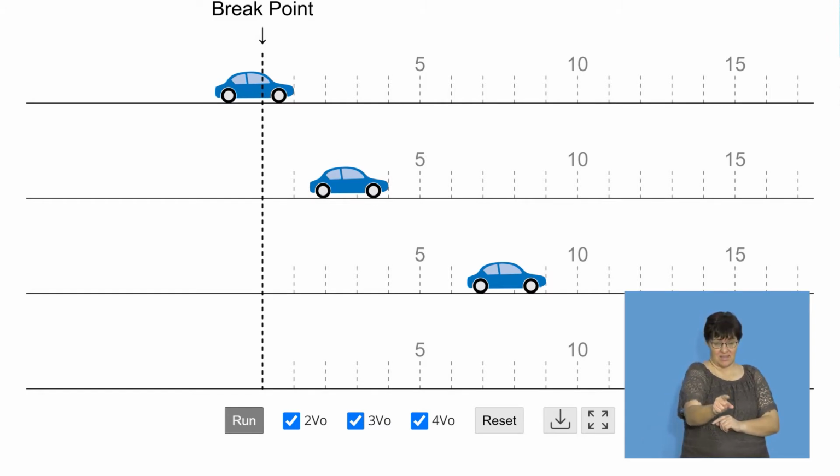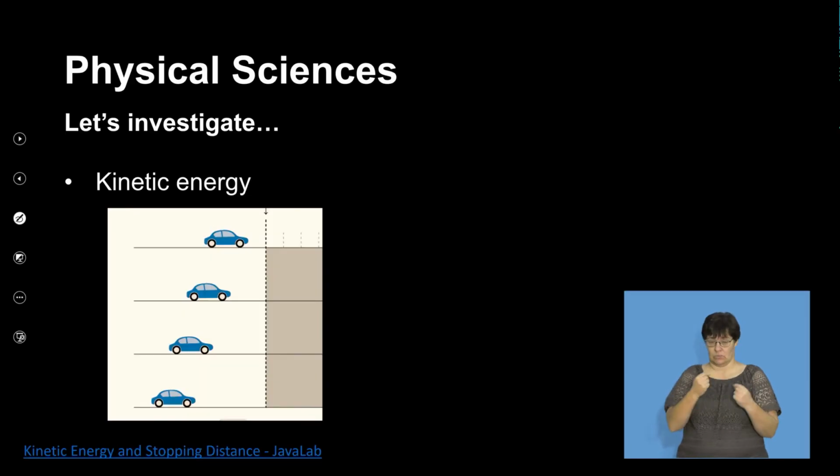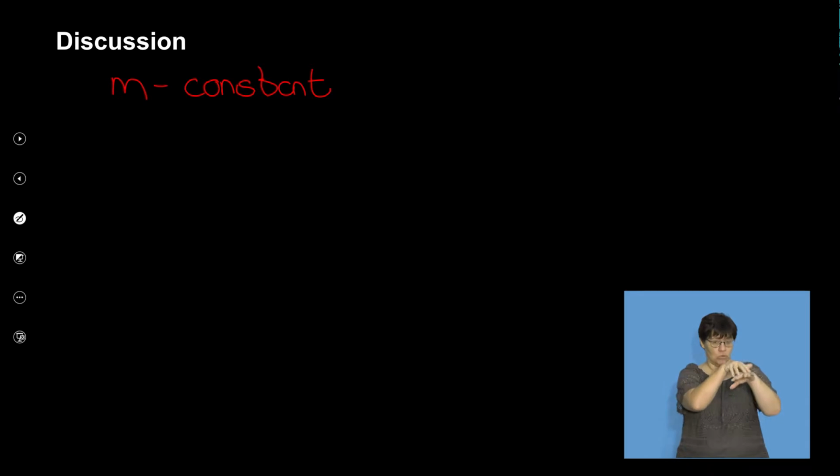Okay. So now when we come back here, what I needed you to see with this is that we kept mass constant. So we kept the same car. But every time we did it, the same car was going faster. The faster it went, the further the distance it traveled.